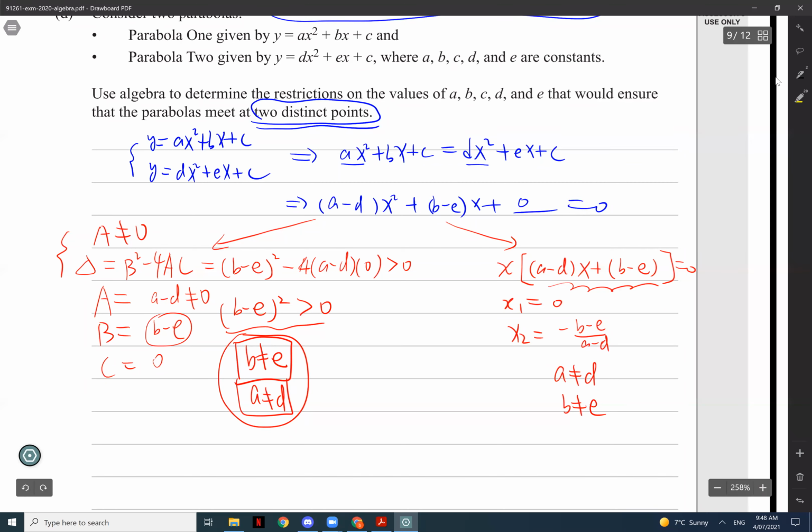Very good. Two conditions: this one makes it different from x1, this one makes it exist. Otherwise, x2 does not exist. That's this question.